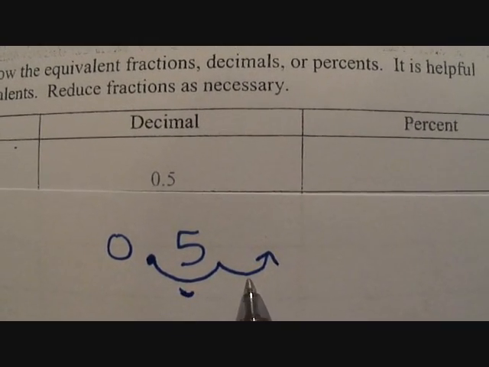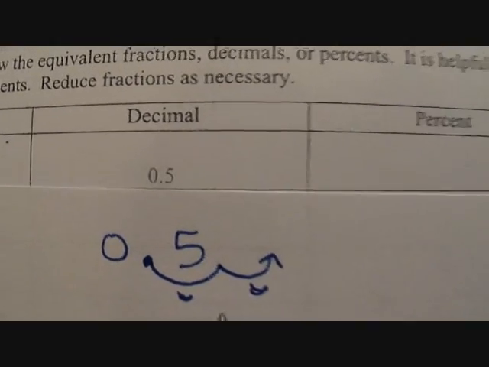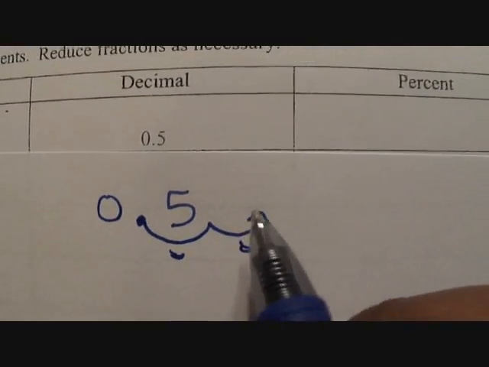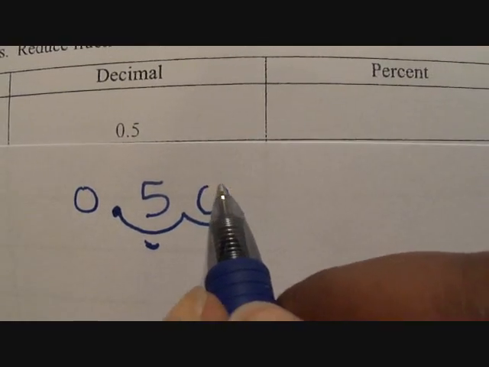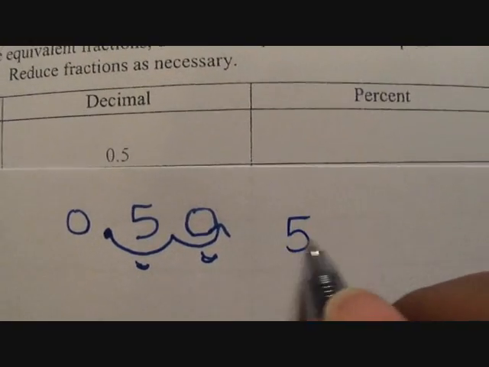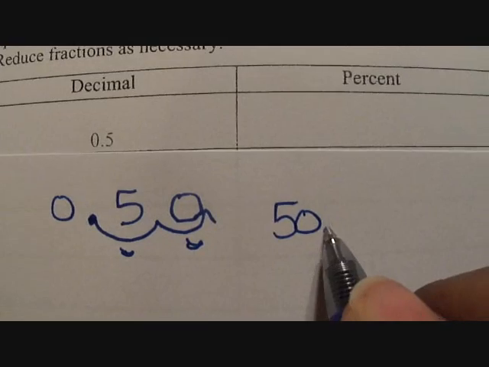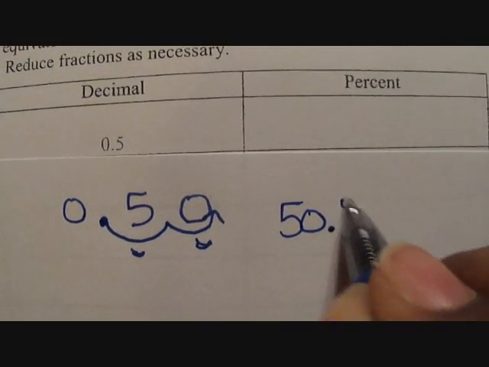There's 2 little dips, and I have to have a number in each dip. There's no number here, so we use the universal placeholder of 0. So this becomes 50. There's my decimal, and I add my percent.